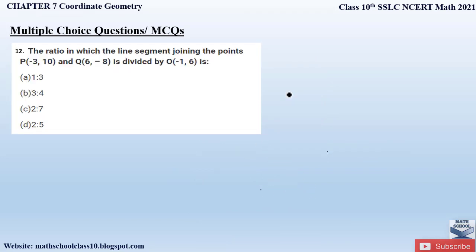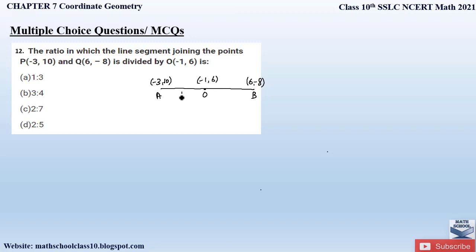Now coming to question number 12, the ratio in which the line segment joining the points P and Q is divided by the point O, that is (minus 1, 6). So here we have a line segment AB whose coordinates are given as (minus 3, 10) and (6, minus 8), and there is a point O which divides this line in some ratio.